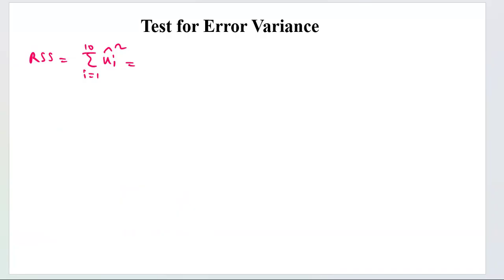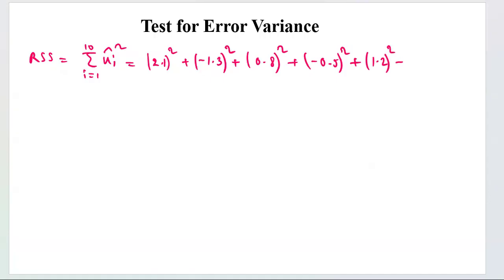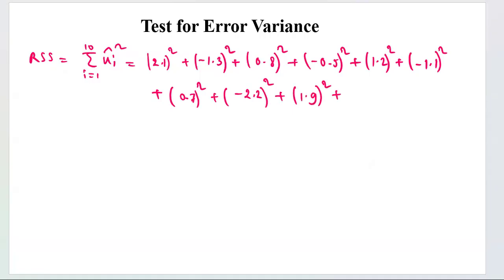So let us find that out. 2.1 whole square, then minus 1.3 whole square, then 0.8 whole square, minus 0.5 whole square, 1.2 whole square, minus 1.1 whole square, 0.7 whole square, 2.2 whole square, 1.9 whole square, 0.6 whole square.